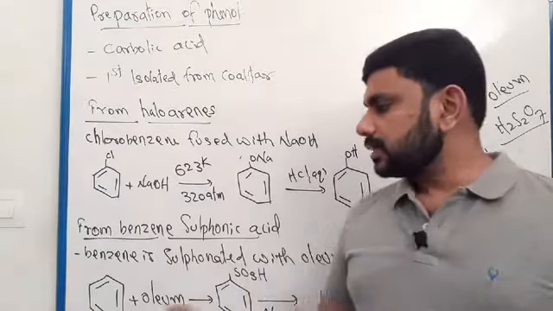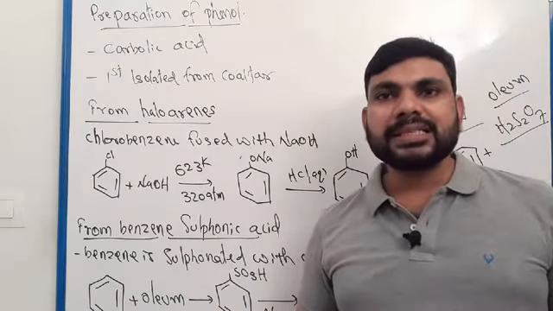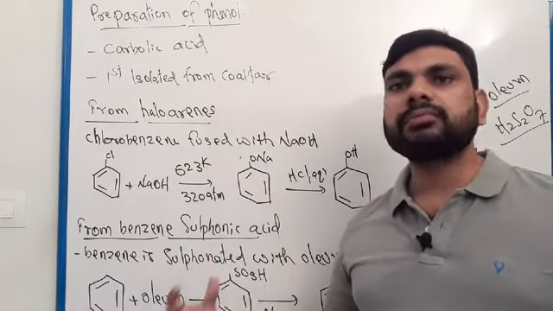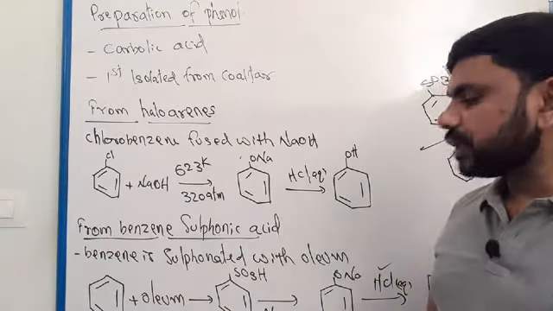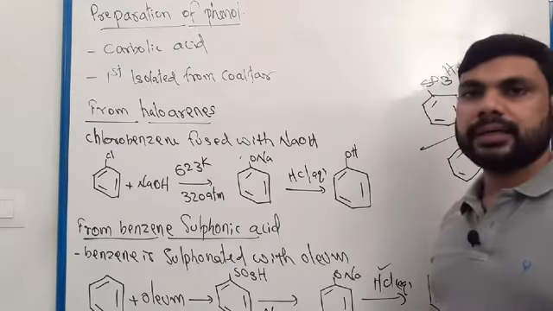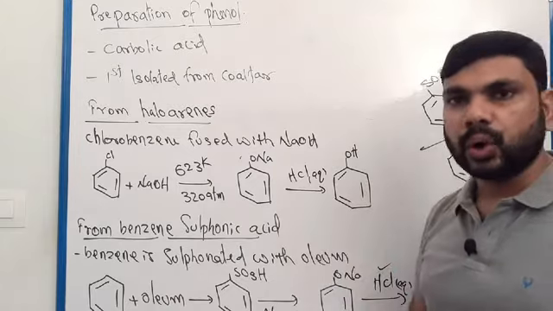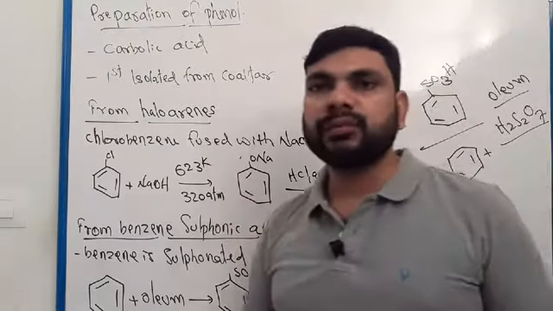Second, from sulfonic acid: benzene reacted with oleum gives benzene sulfonic acid, which treated with sodium hydroxide gives sodium phenoxide, and sodium phenoxide treated with HCl gives phenol.